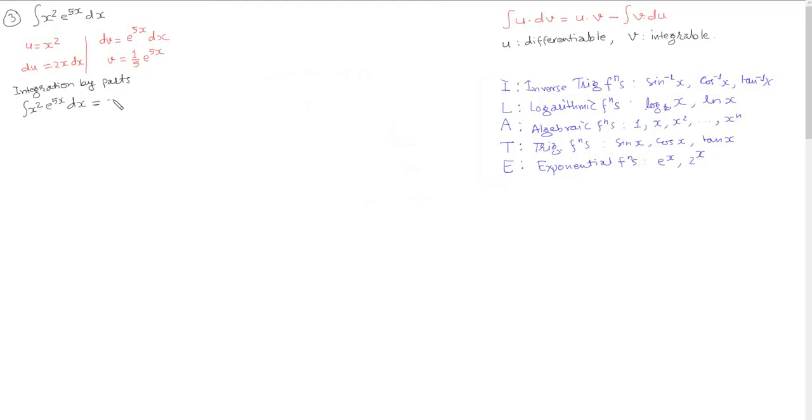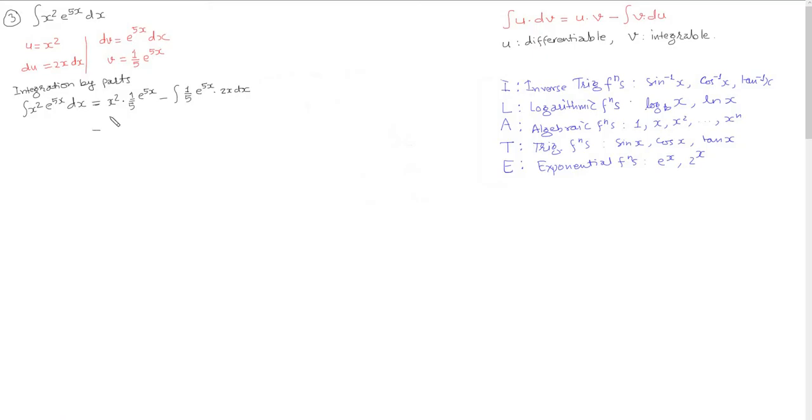u times v is x square times v, which is 1 by 5 e to the power 5x, minus the integration of v, which is 1 by 5 e to the power 5x, times du, which is 2x dx. Okay, so that's all.